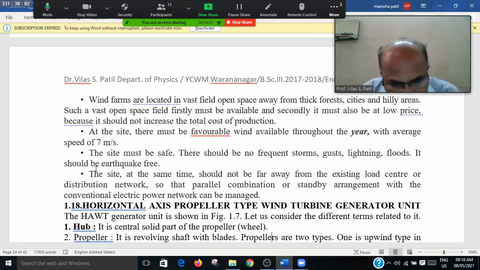The site at the same time should not be far away from the existing load center or the distribution network so that parallel combination or the standby arrangement of the conventional electric power will be managed.